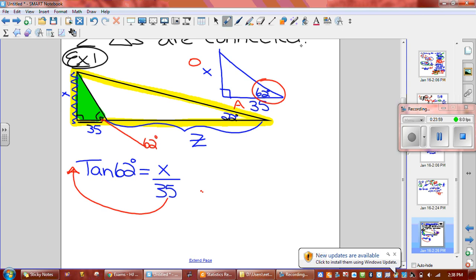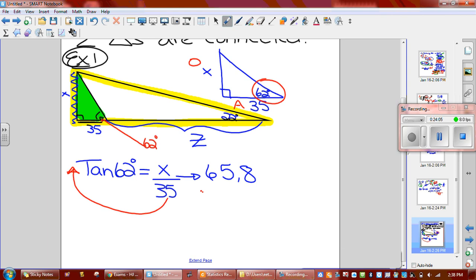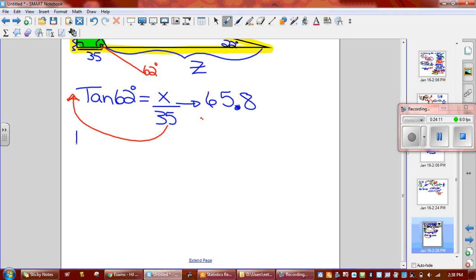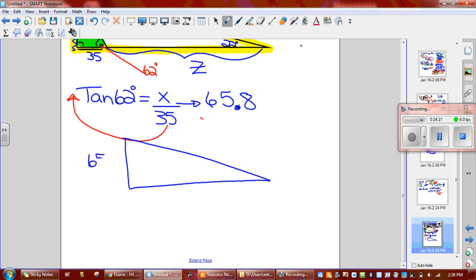So now I'm going to redraw the big yellow triangle. On the big yellow triangle, I know that I've got, let's move this guy over, I just found 65.8 for this big long side here, connected to the 90. I've got 22 degrees here. I need to now find the entire length of that side.